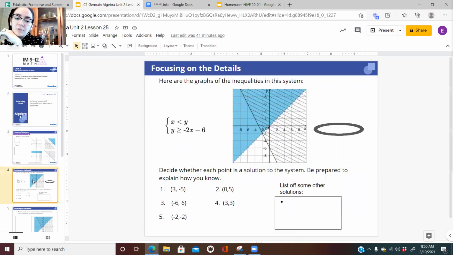So now if we move forward to slide number 4, the last section of this unit is asking you to look at this graph. Here are the graphs of the inequalities in the system.